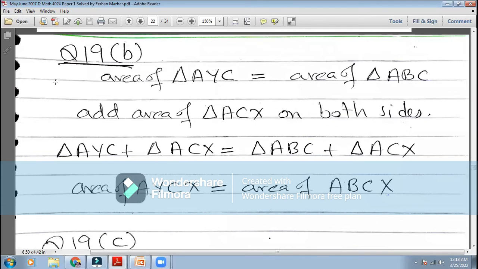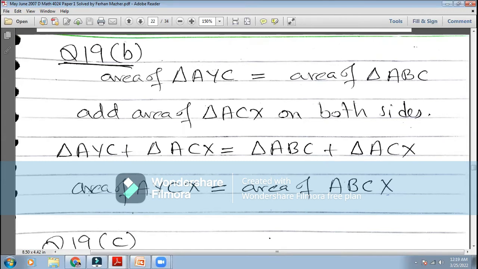Let me show you. The area of the triangle AYC is equal to the area of the triangle ABC because both triangles are congruent to each other. In the first part, we proved that these two triangles are congruent, so their areas will also be equal. If I add the area of the triangle ACX on both sides, the triangle AYC plus the triangle ACX will equal the triangle ABC plus the area of the triangle ACX.